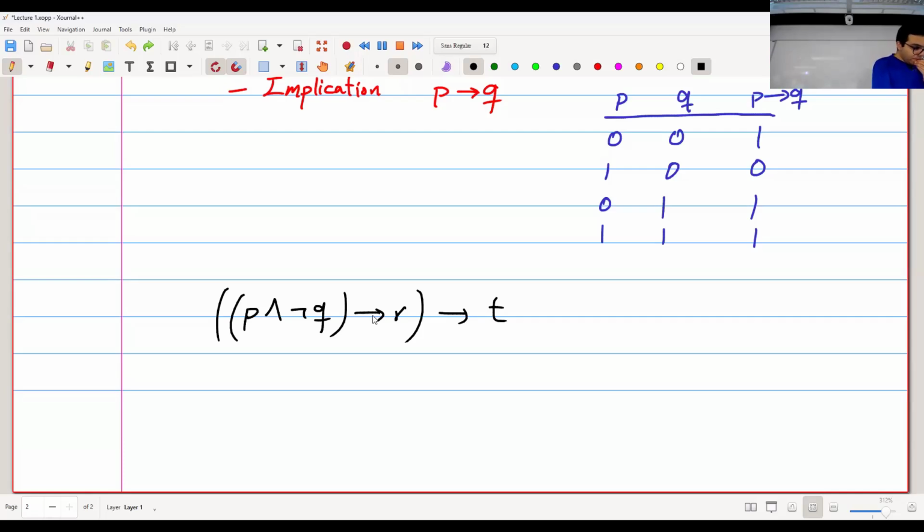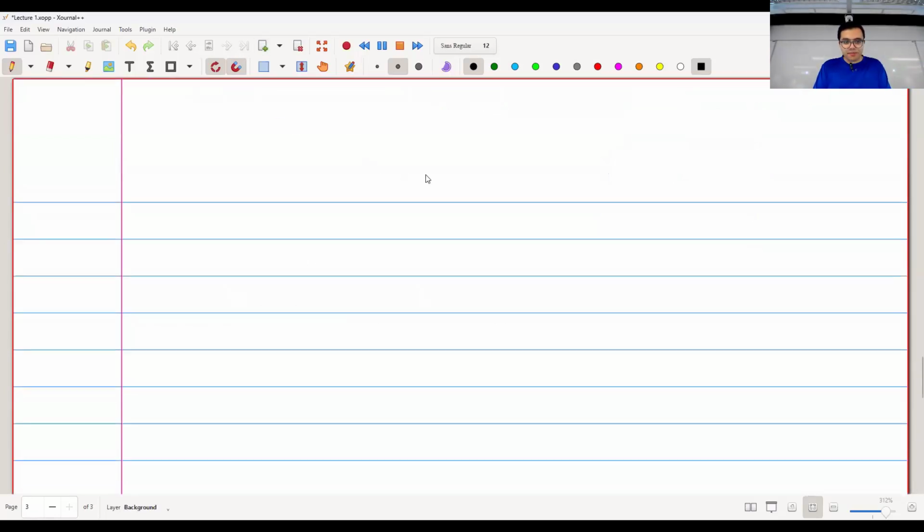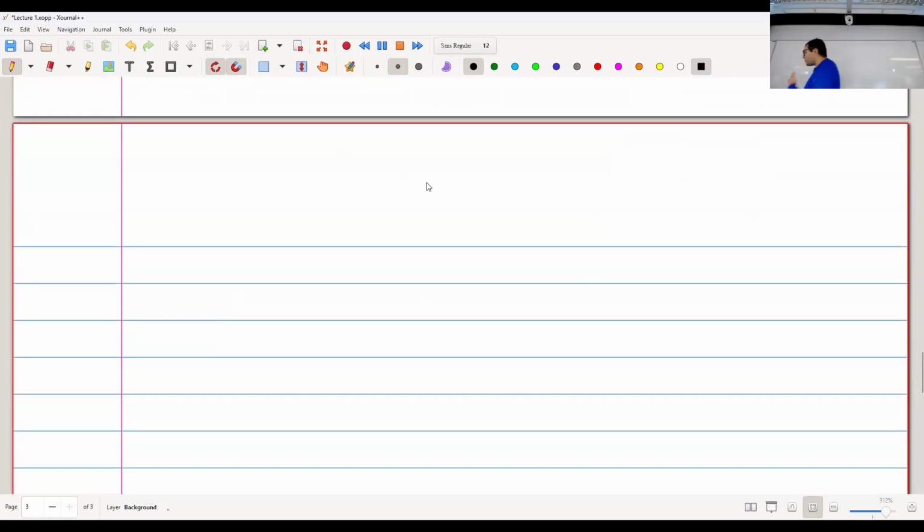So now we can talk about proving our very first theorems. So what does it mean when we're proving a theorem? When we're proving a theorem, we're basically saying a proposition, and we're saying that this proposition is always true. Okay, so let's give a name to these kinds of propositions, and we call these tautologies.